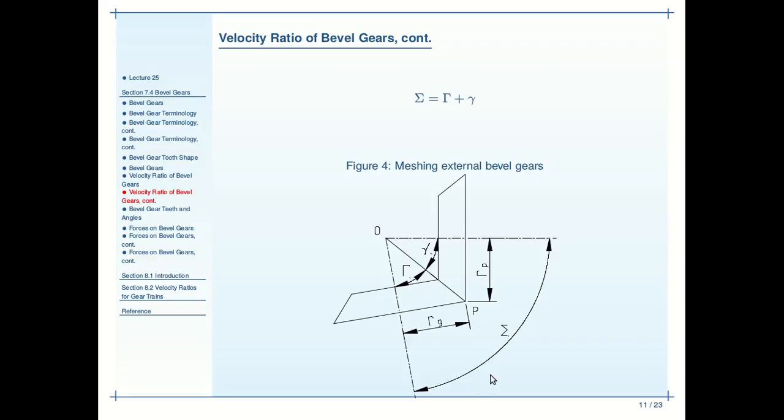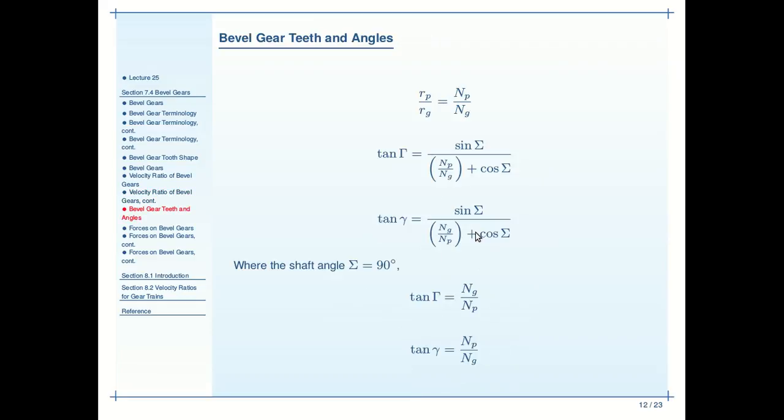The total angle between those axes of rotations or shafts is sigma. And then positive and negative gamma are the pitch angles of the gear and the pinion, respectively. There's a relationship between bevel gear teeth and angles. As you can imagine, there's gear relationships for almost everything.